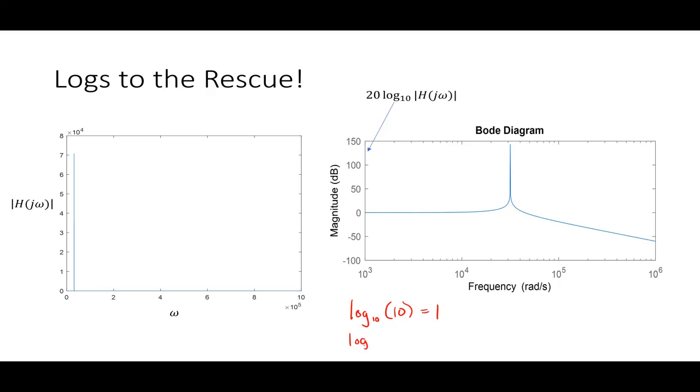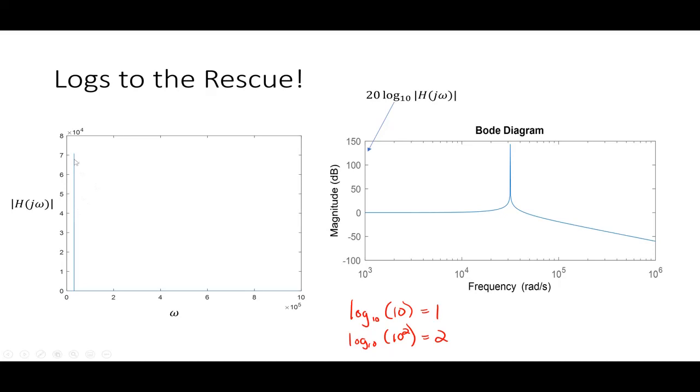If I take the log base 10 of the number 100, I get 2. All right? Logarithms are a different way of expressing values, and we often use logarithmic scales to express values when I have a really crazy set of values that I want to look at all at once.